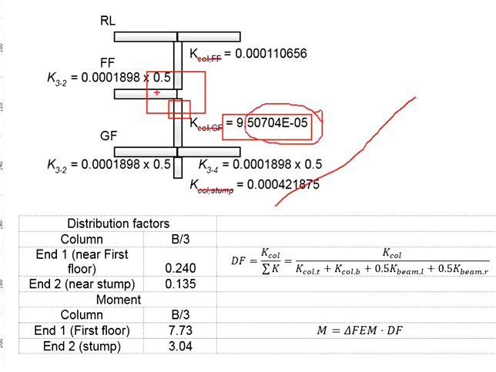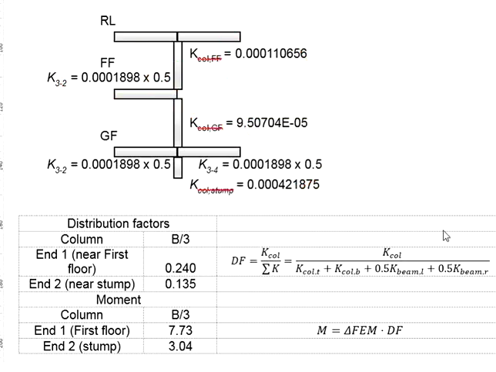That means this plus this plus this. You don't have any beam here, so you will assume 0 stiffness here. This calculation step is reflected by the equation here. Ultimately, you get the distribution factors 0.24 at this joint here. That means this column will take 24% of the total moments at the joint here.